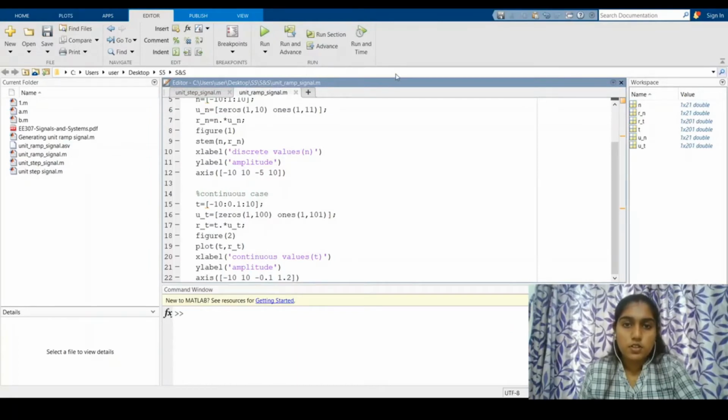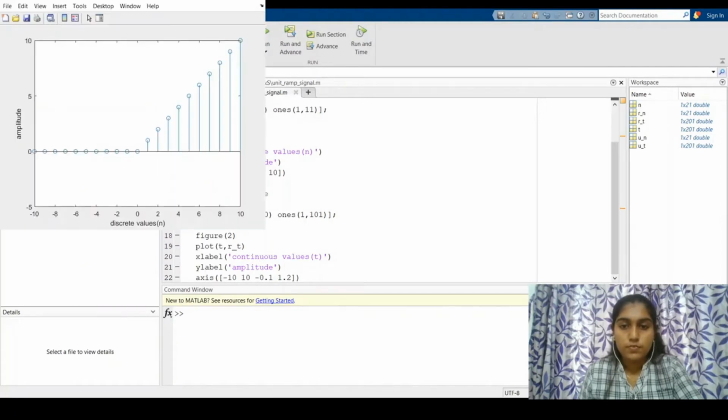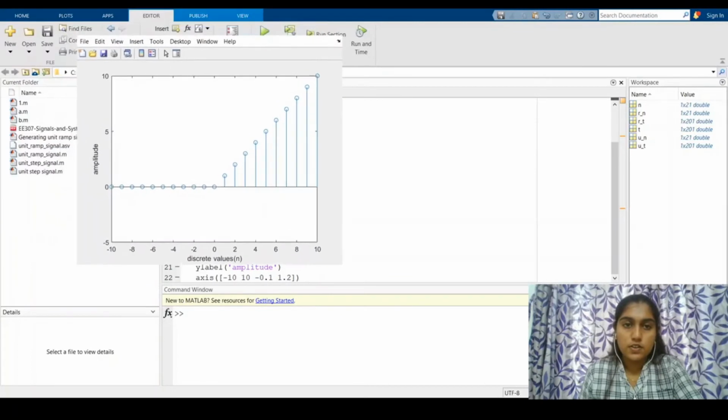If you run it, you will get two graphs. I'll show you both the graphs that you get. This is what you get in the discrete case, and I'll show you the one that you get in the continuous case as well.